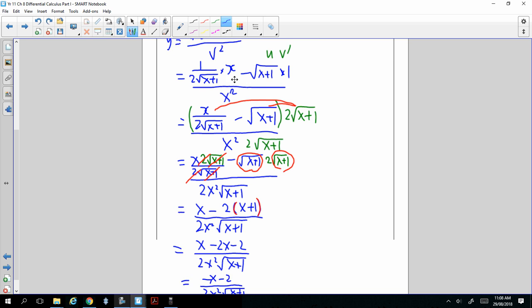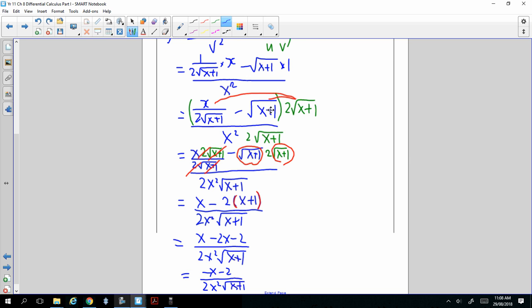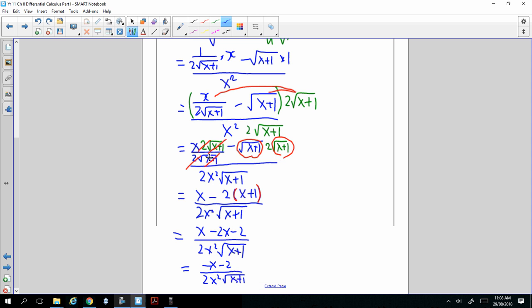That's the hard part. You have to times top and bottom by the same thing. That will get rid of the denominator. And then expand, collect like terms, gives you the final answer. Yeah, so you expand. It times by this.